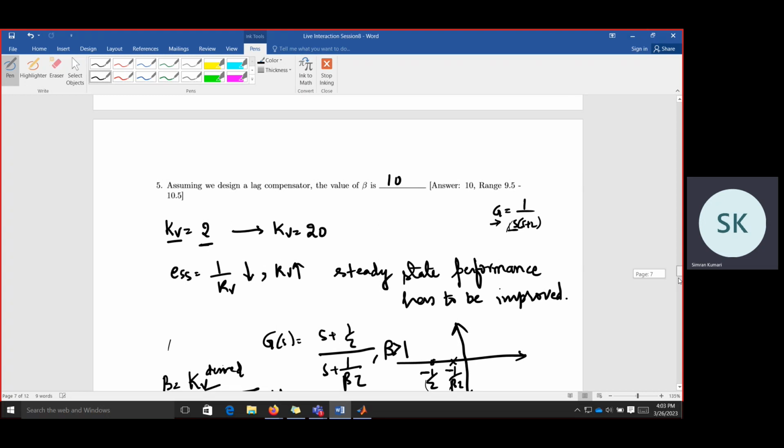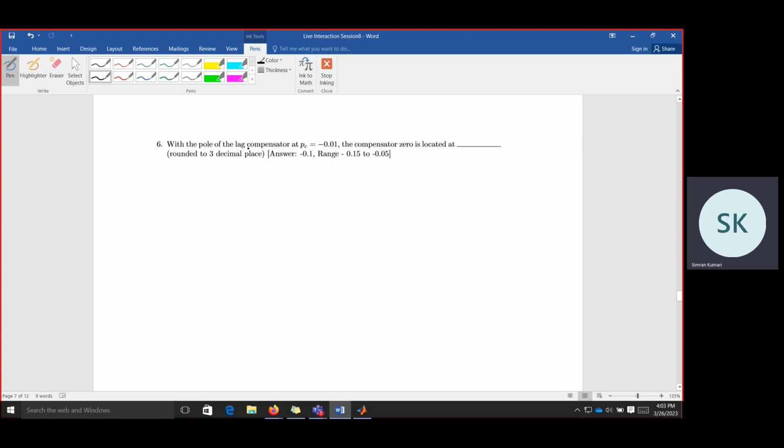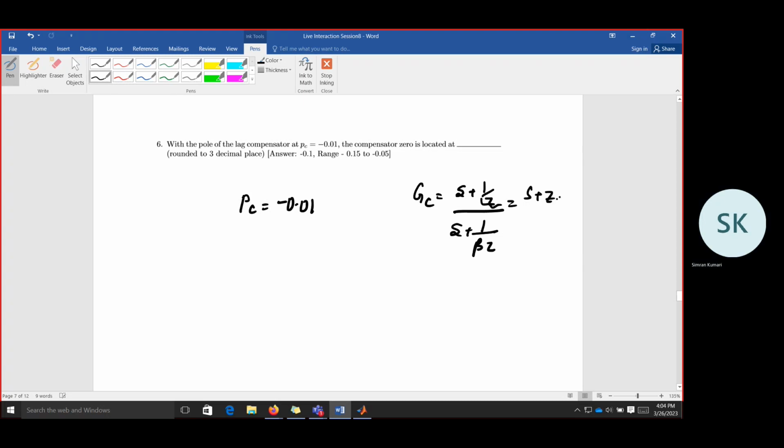So now we'll try to place the pole and 0. It is said that the pole is at Pc equal to minus 0.01. So we had this transfer function Gc equal to (s plus 1 by tau) over (s plus 1 by beta tau), where the numerator 0 is Zc and the denominator pole is Pc, and beta is greater than 1. Okay, so we know Pc, and so we have to find the compensator 0.